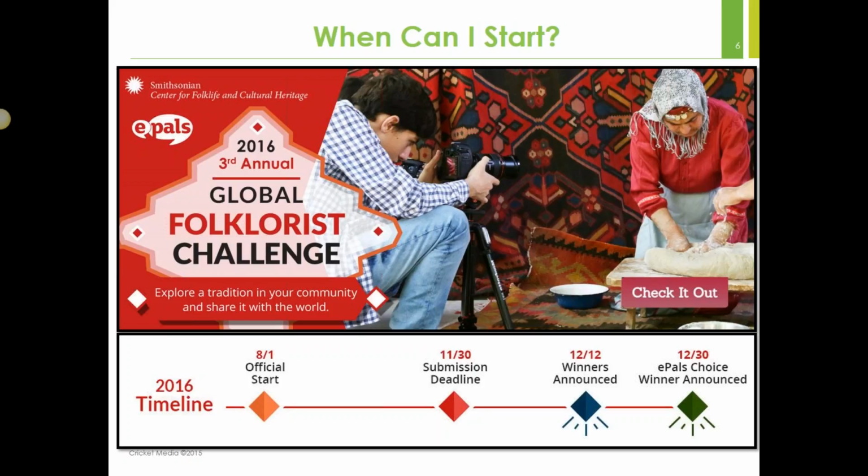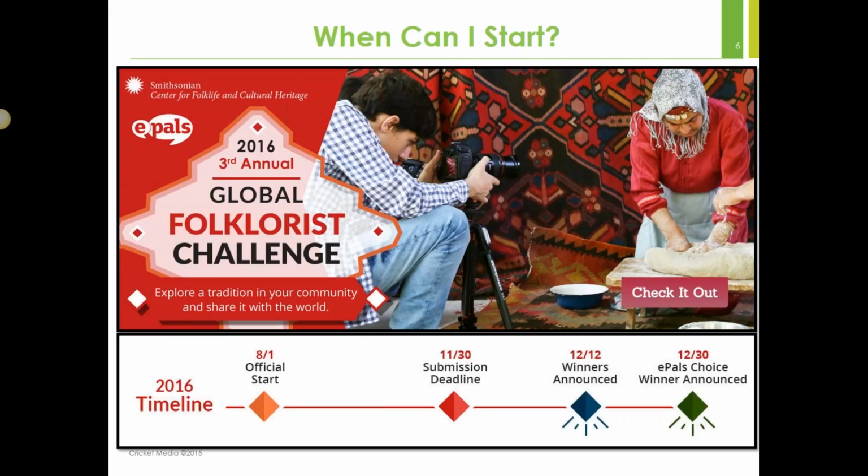Then on December 12th, after a panel of judges from both Cricket Media and Smithsonian Institution have scored every entry, we'll announce the winners, both individual and team, for each of the 3 age categories, 8 to 10, 11 to 13, and 14 plus.